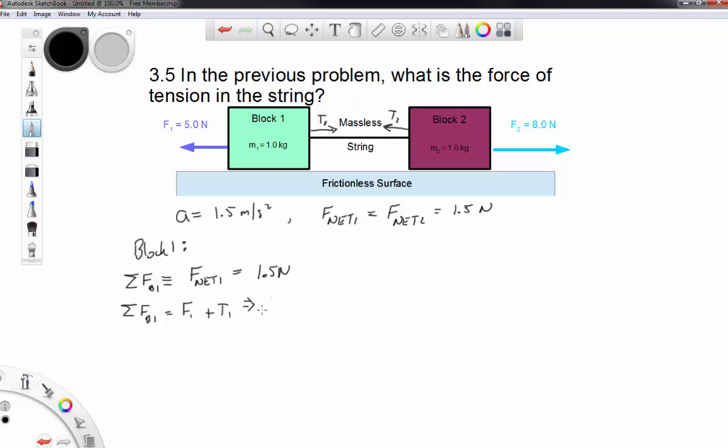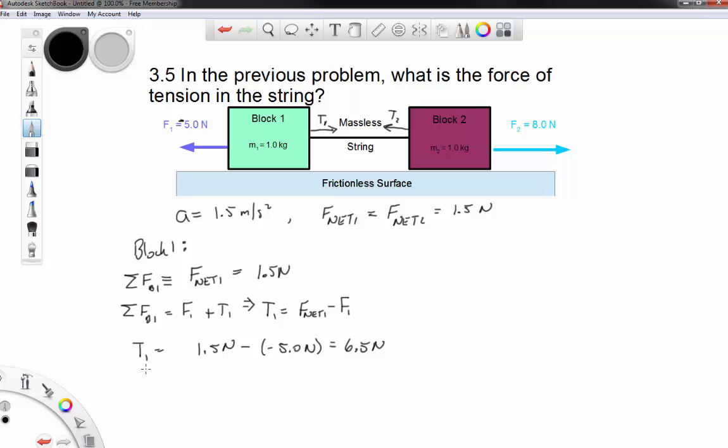So if you combine all this information, T1 should be whatever the net force is minus the force F1. Now, force F1 is to the left, which means there should be a negative sign introduced to it. So T1, according to this, is going to be 1.5 newtons minus negative 5.0 newtons, and so that would be 6.5 newtons.